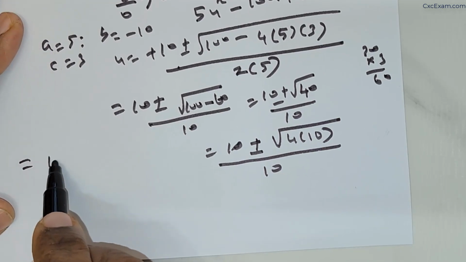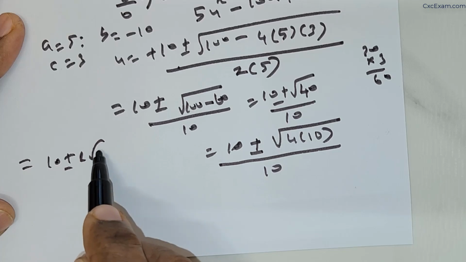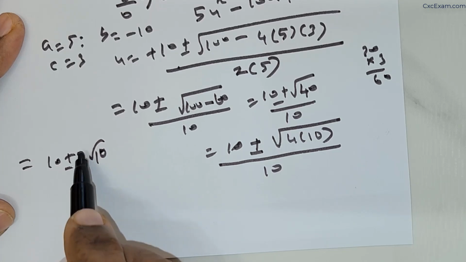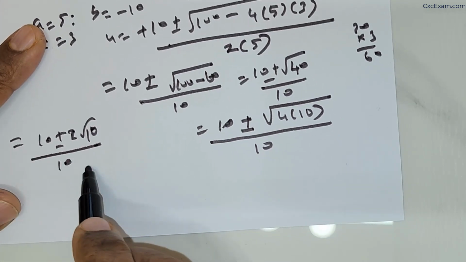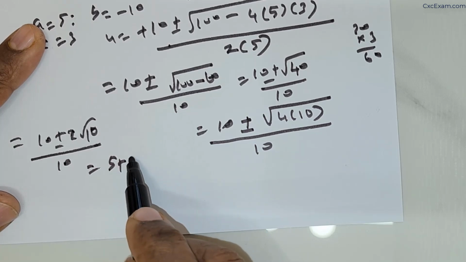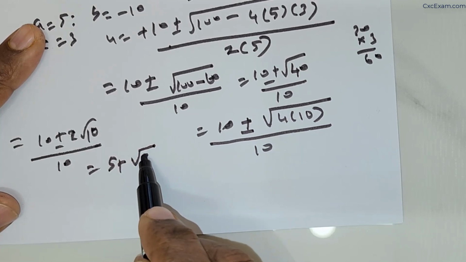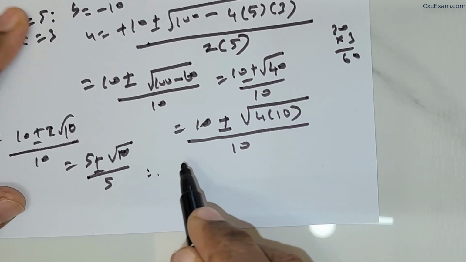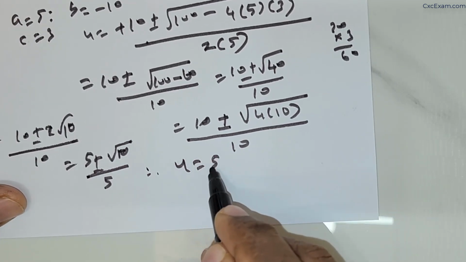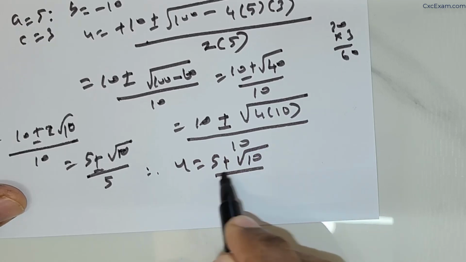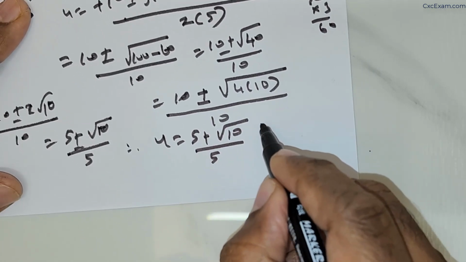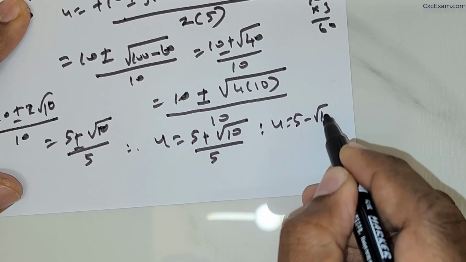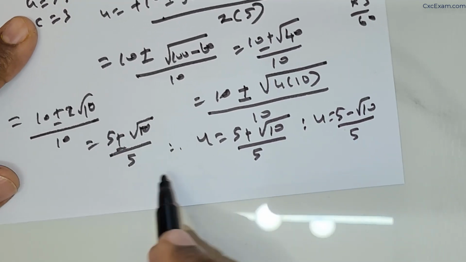So this is going to give me 10 plus or minus 2 times root 10 divided by 10. 2 divides here 5 times and 1 time, and you have a 10 there and a 5 here. Therefore u is equal to 5 plus root 10 divided by 5, and u is equal to 5 minus root 10 divided by 5.